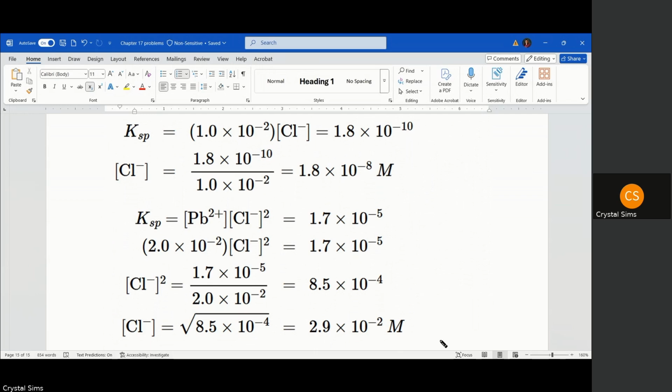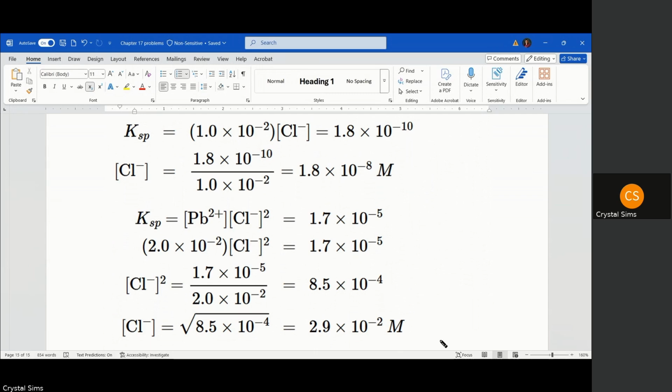So now we're going to compare the chloride ion concentration. So we've determined how much chloride it would take to cause precipitation. But the question also said which one precipitates first. So we have to look at and compare the two chloride concentrations there.